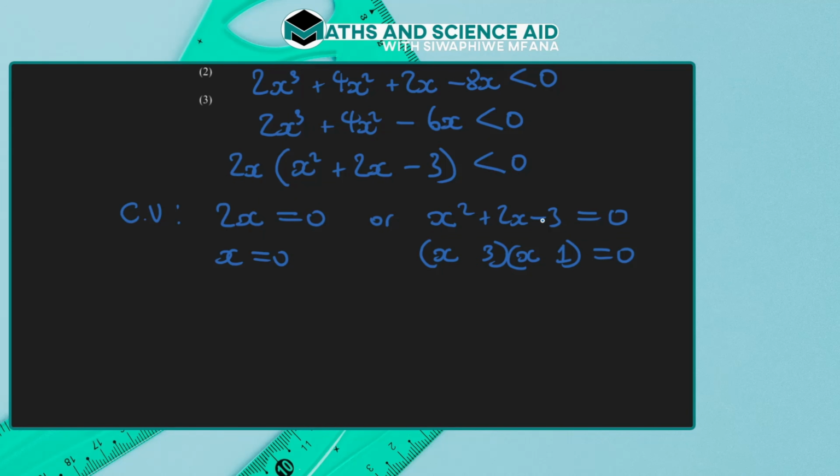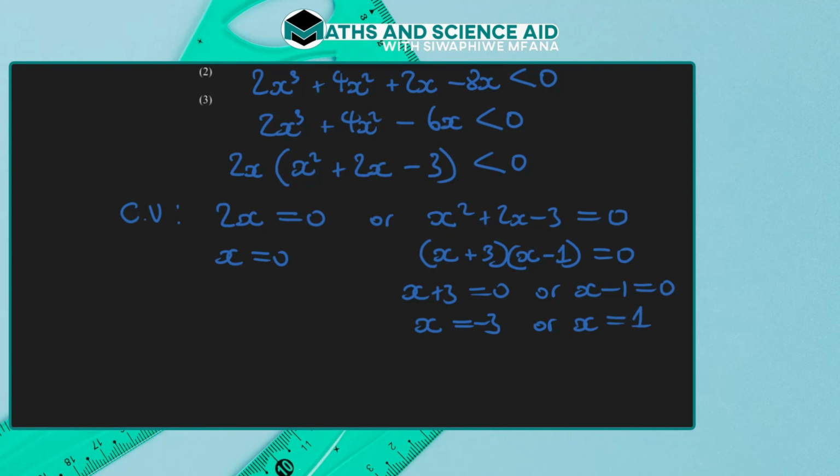This 3 is negative, meaning that the signs that will go into each bracket are not going to be the same. And then the middle term is positive, which means that the bigger number here must be positive. So 1 should be negative. Therefore, we are going to have x plus 3 is equal to 0, or x minus 1 is equal to 0. So we've got x is equal to negative 3, or x is equal to positive 1. And so these are the critical values.